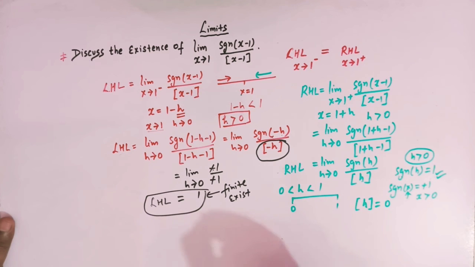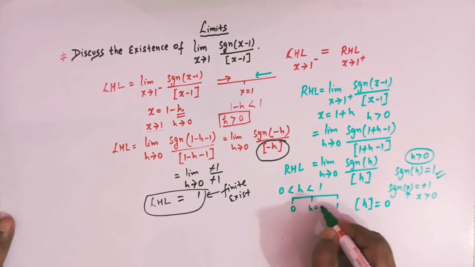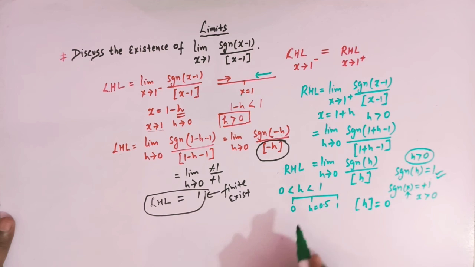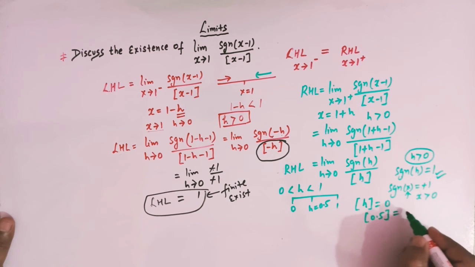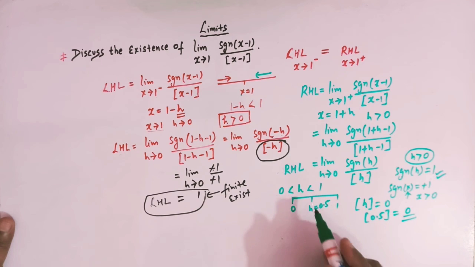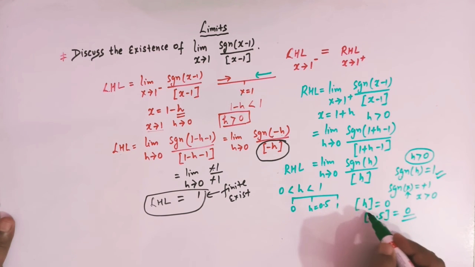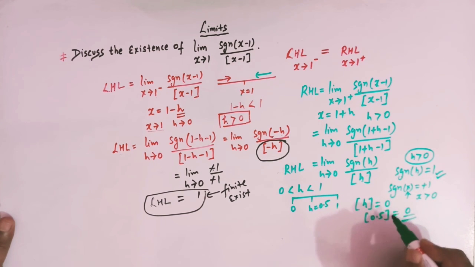So for example, if we take h is equal to 0.5, because 0.5 lies between 0 and 1, the value of greatest integer of 0.5 is equal to 0. Similarly, we can take other values which lie between 0 and 1, and in all cases we'll get the greatest integer of h is equal to 0.